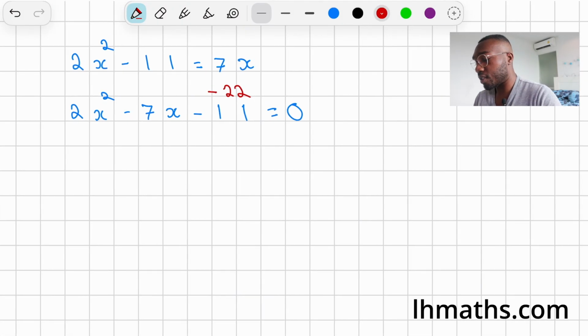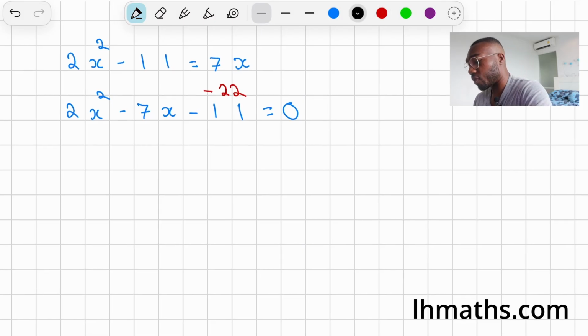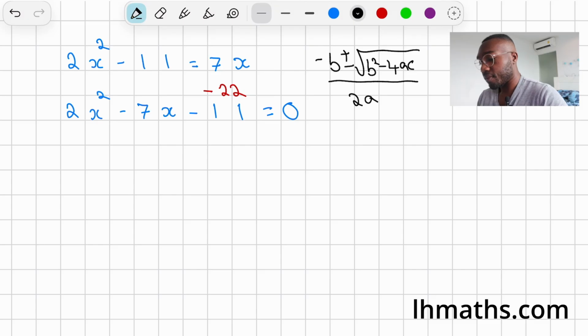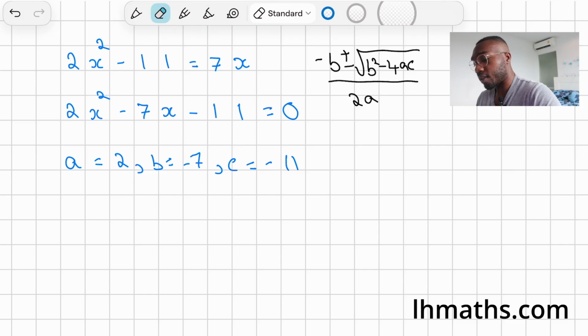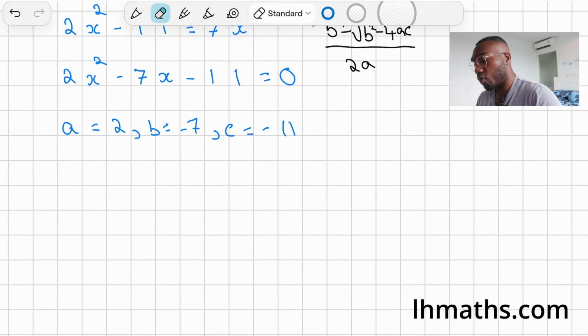Okay, so let's start off using the quadratic formula. So if I just rewrite it over here, it's minus b plus or minus the square root of b squared minus 4ac over 2a. And in this case, we have a as 2, we have b as minus 7, and we have c as minus 11.